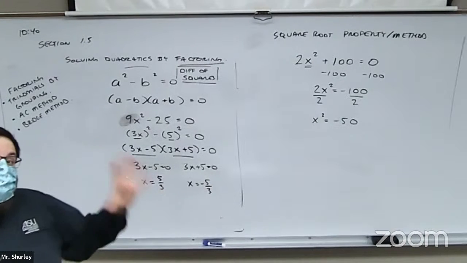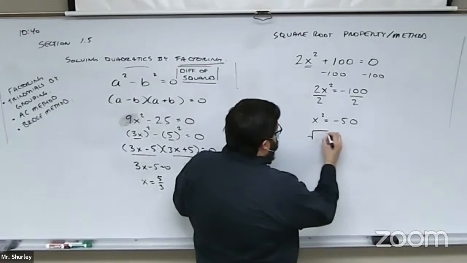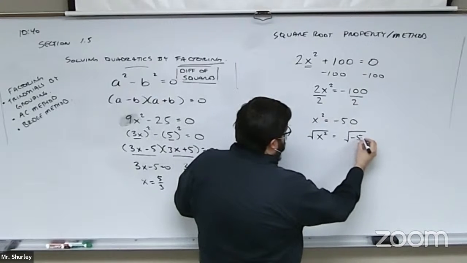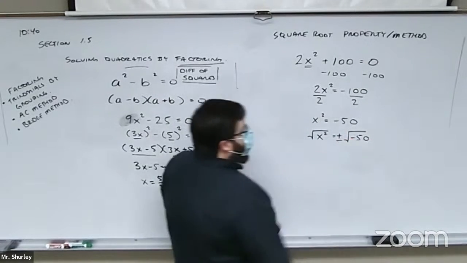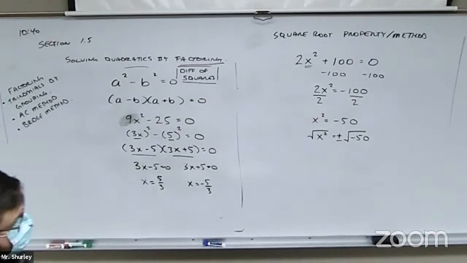So the next step is I'm going to take the square root of both sides. But if I do that, I have to put a plus or minus out here.